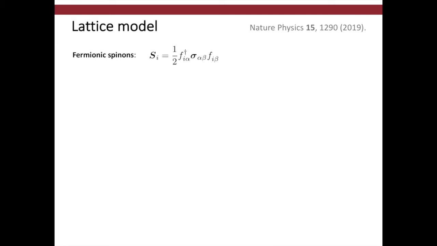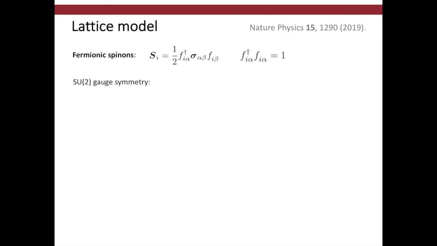For those of you who are not familiar with this technique, the idea is to rewrite the spin operator in terms of auxiliary fermions, the spinon operators F, where sigma are Pauli matrices, and an additional constraint is imposed to avoid enlarging the Hilbert space. Due to an internal redundancy of this reparameterization, we will eventually end up with a gauge theory.